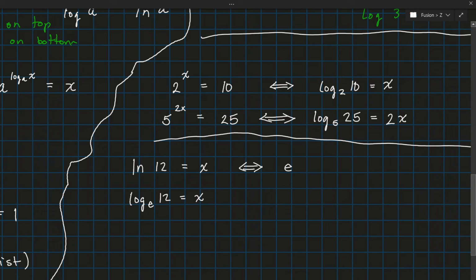Again, the base stays the same. We still have e as our base. Then we have some number up here as our exponent, equal to some number. So what number goes in the exponent? x. Okay, and then on the other side of the equation? 12. Yes.